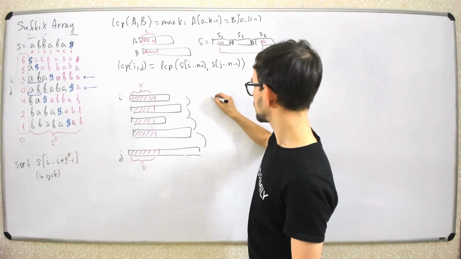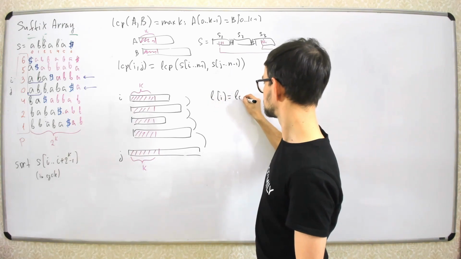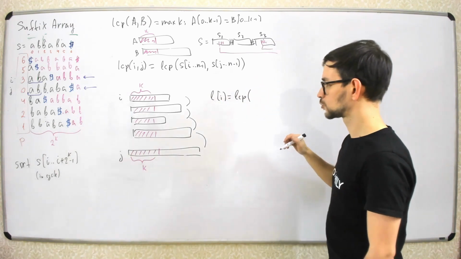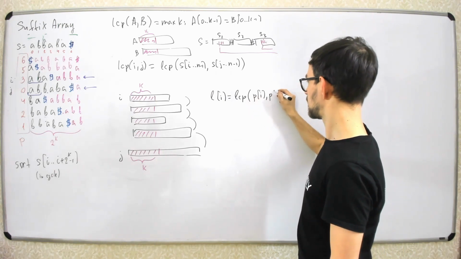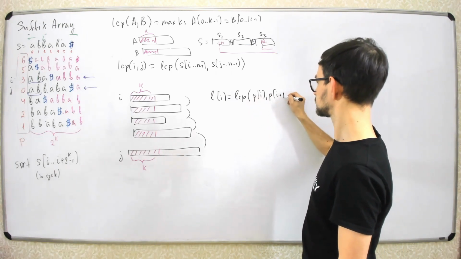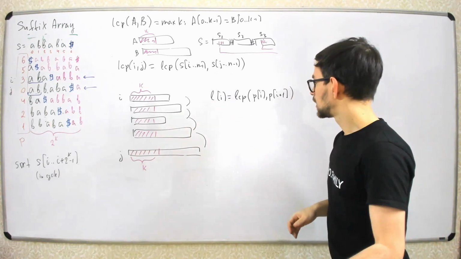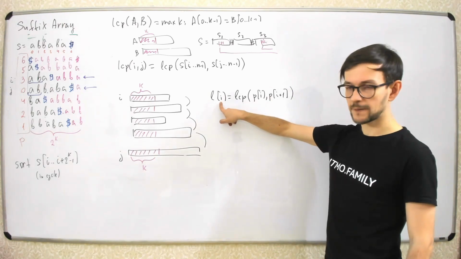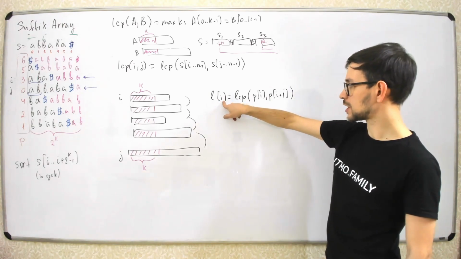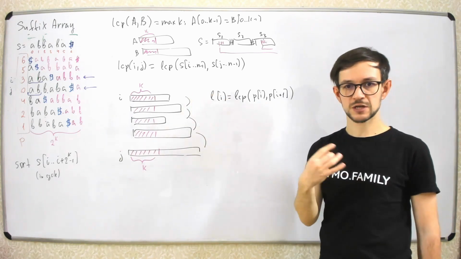So we will pre-calculate an array, say L. L[i] will be the LCP of two suffixes P[i] and P[i+1]. So we pre-calculate the array L such that in position i we have the LCP of two consecutive suffixes in the suffix array.